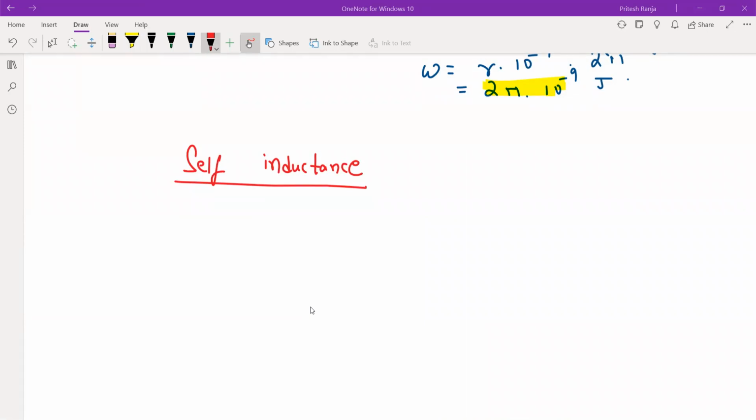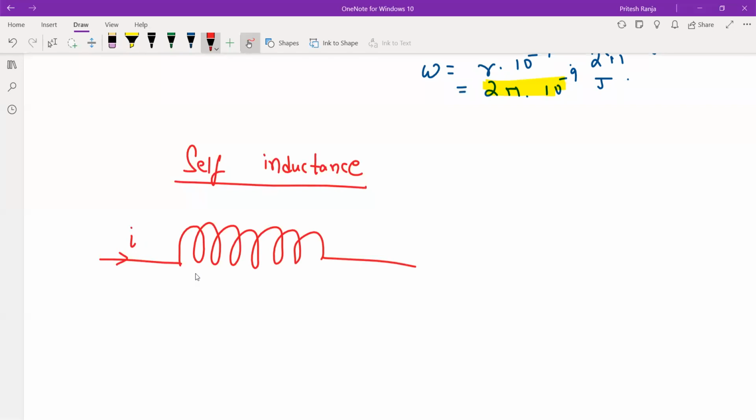So here we will talk about a coiled conductor. So we are using a coiled wire, and let us say current I is passing through this coiled section, and this I is actually variable. This current, considering it to be variable.